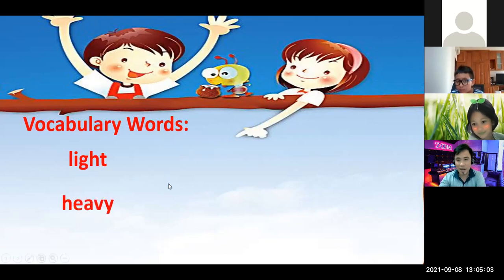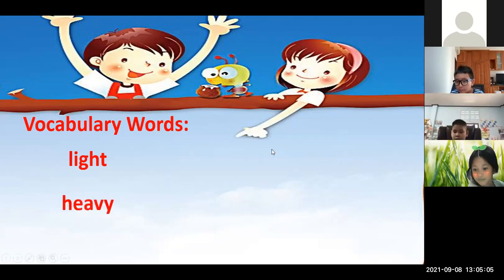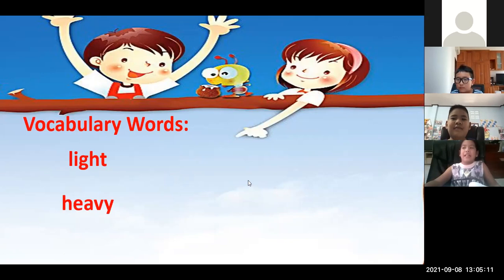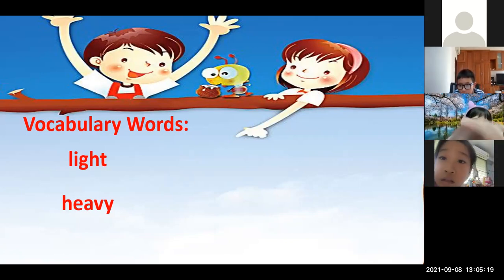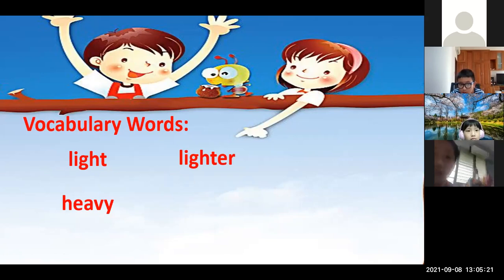How about the word heavy? What is the word heavy? Nak. Very good. Very smart. Do you still remember the words that you learned when you were in grade 1? How about the word lighter? Bao kwa. Wow.